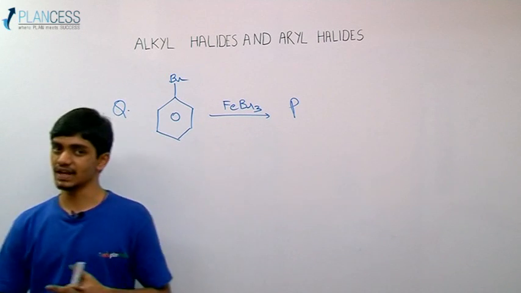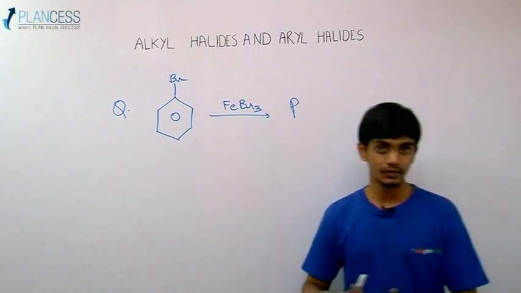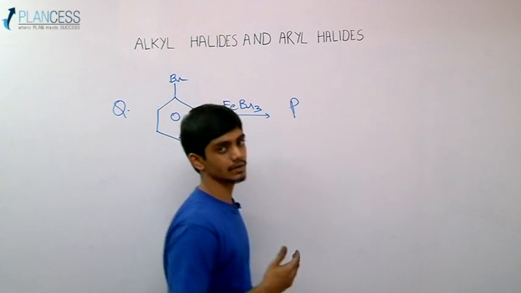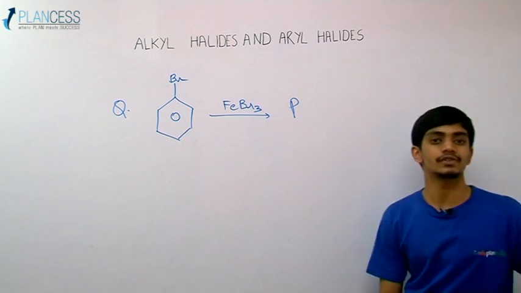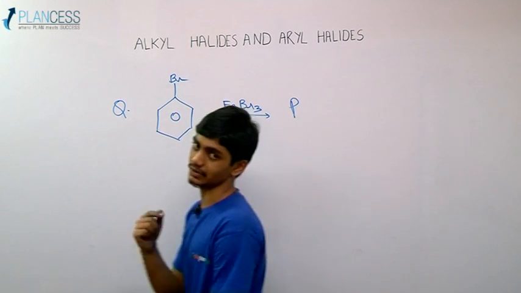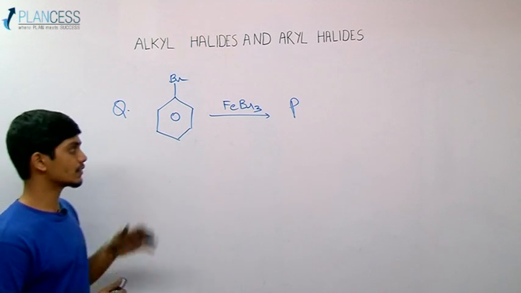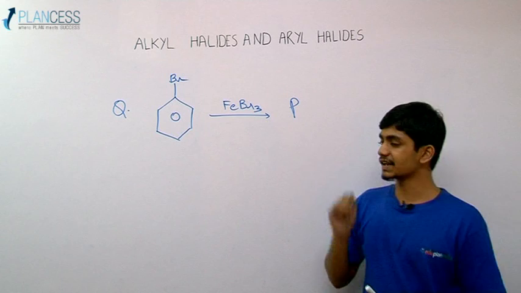So aromatic halide with FeBr3. Aromatic halides, the reactions we have considered: nucleophilic aromatic substitution, electrophilic aromatic substitution, and Fittig reaction, and even you have the Grignard reagent preparation. Now this reaction falls into which category? That is the first question. It clearly does not fall in the category of Grignard reagent preparation, nor even the Fittig reaction.